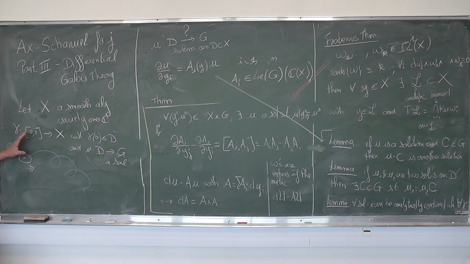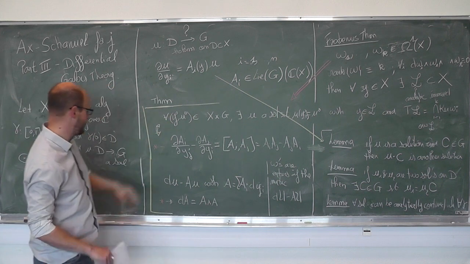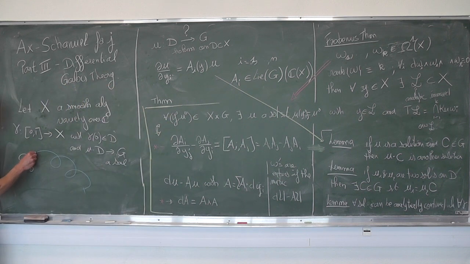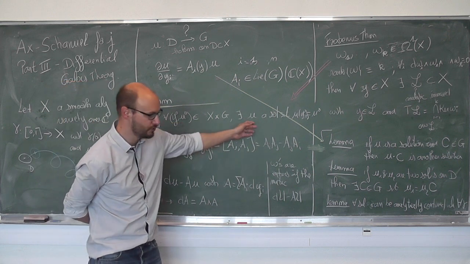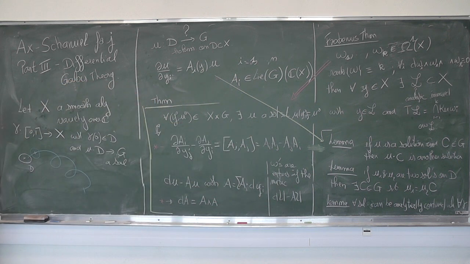Then what happens is that from Frobenius theorem, you know that at any point, any blue point here, you have a disk with a solution. Any initial condition, you have a solution. So you have many solutions here. So using all these disks, around any point, you will cover this compact subset with some open balls.